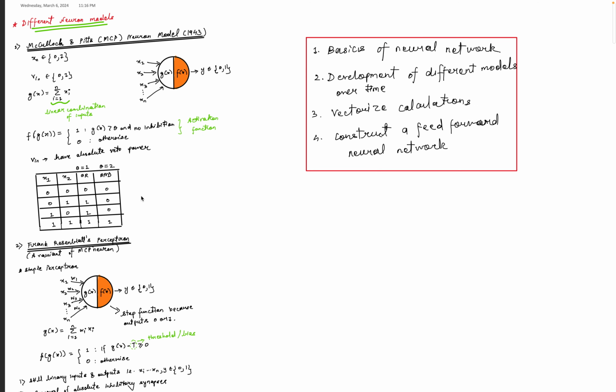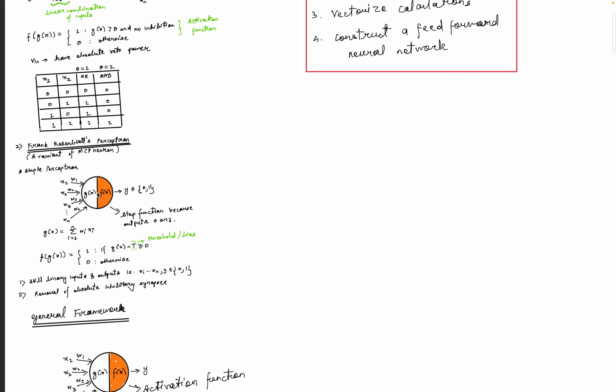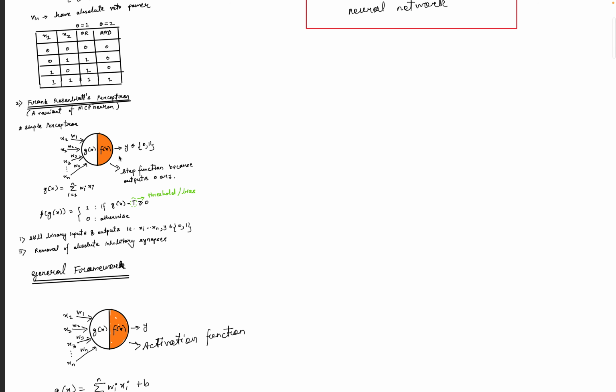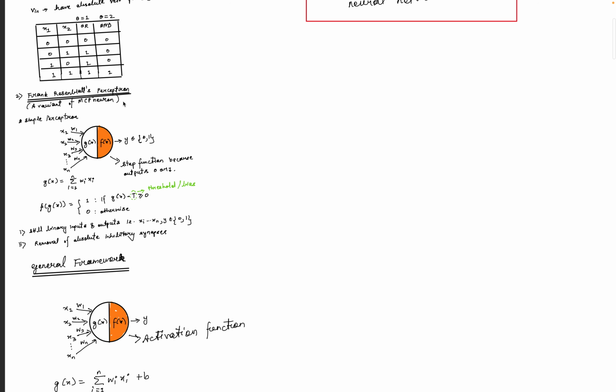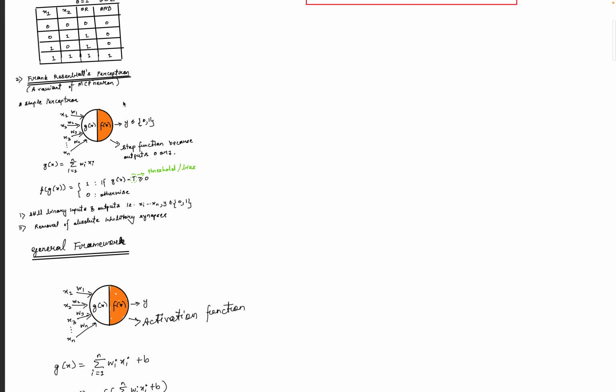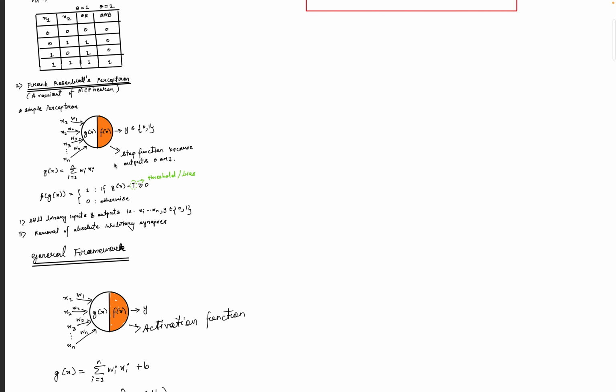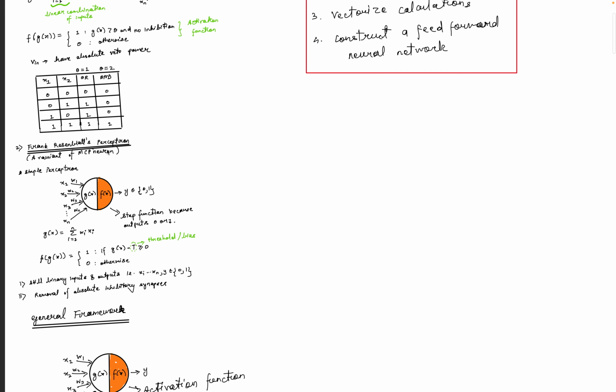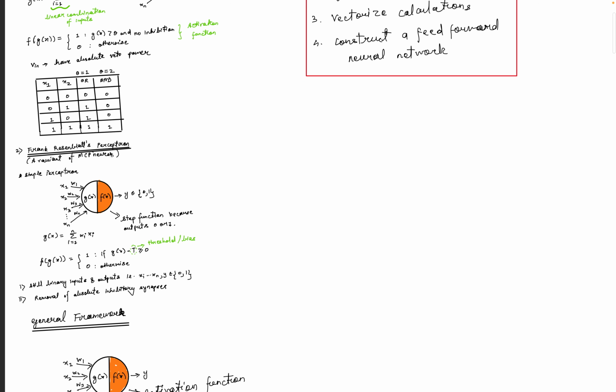Now based on the MCP model, Frank Rosenblatt gave the computational model for a perceptron, which is the basis of current day neural networks. What is different about Frank Rosenblatt's perceptron compared to McCulloch and Pitts is that the inputs have a weight attached to them.